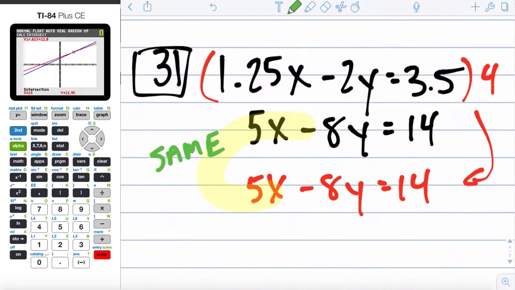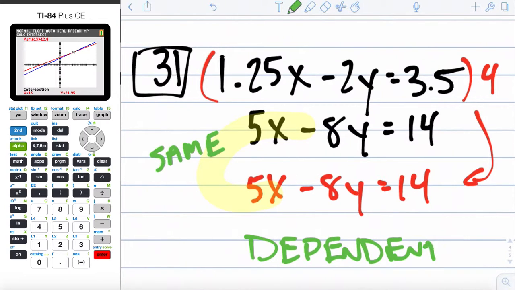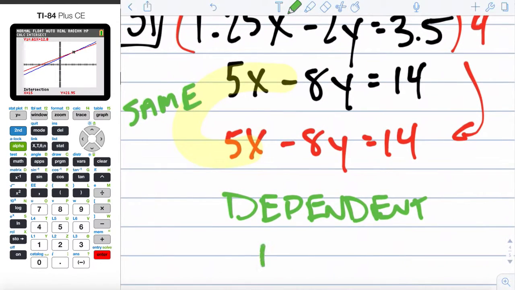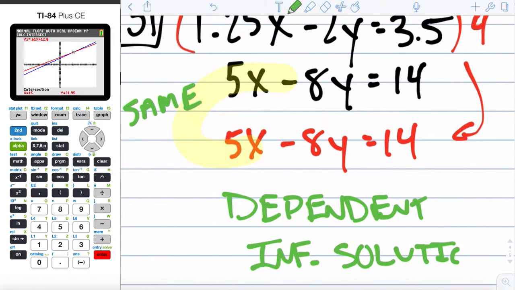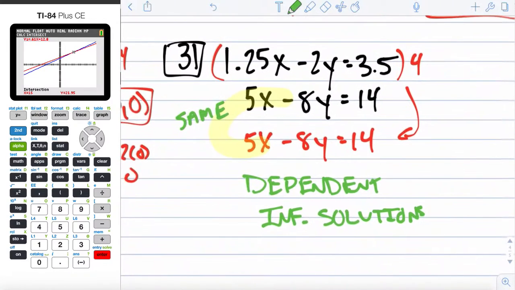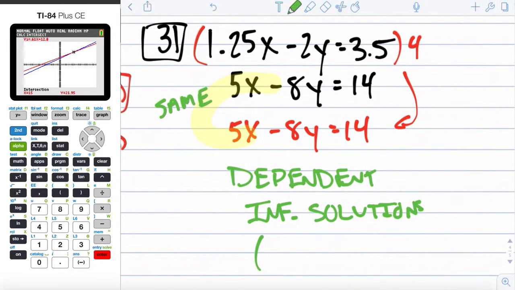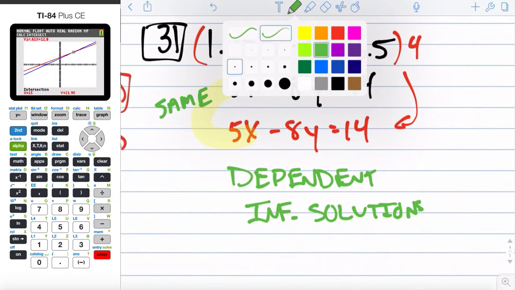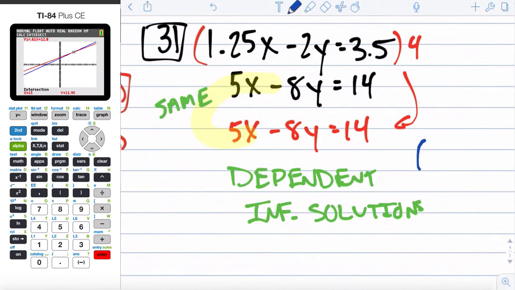All right, which means it's dependent, which means infinite solutions. And if you were going to write it with a variable, we would do something like: if x is a, what's y equal to?